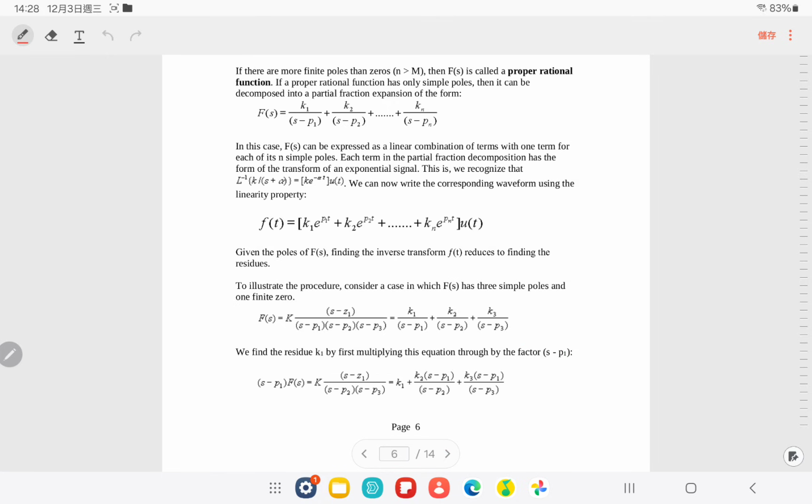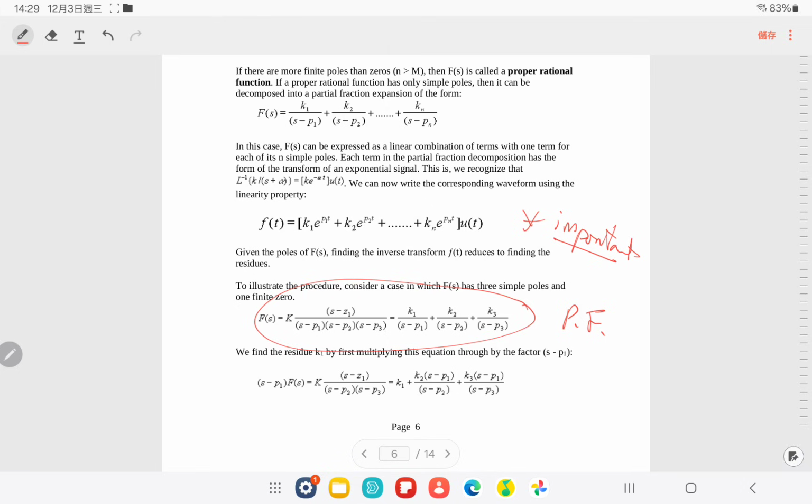The next thing is how to find the Laplace inverse transform, particularly partial fractions. I tell you, it is very important. So make sure you know what partial fraction expansion is. If you don't know, you're hopeless.